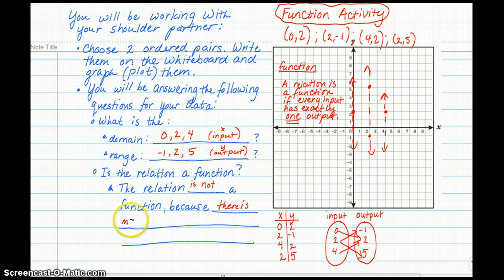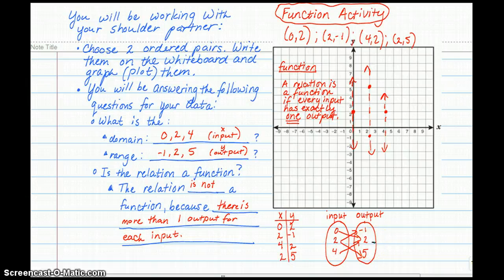So for me, in my set of data, my relation is not a function because there is more than one output for each input. Now, it didn't matter, and this is important, that there were multiple inputs for the output.